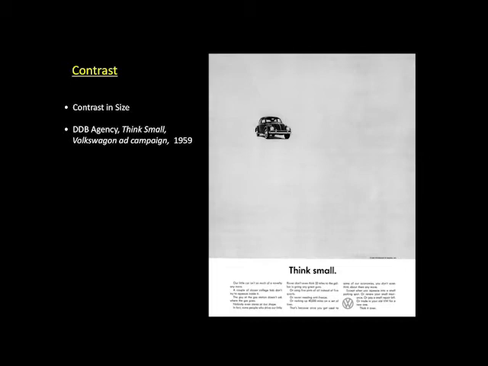And so focusing on that, again, contrast in size, leaving all this negative space out here and having the vehicle very tiny, but not so tiny you can't make out what it looks like. And then using the tagline even, think small. So the contrast, most of the time by 1959, you'd have these full-blown oil paintings of these massive steel and chrome sculptures from Detroit.